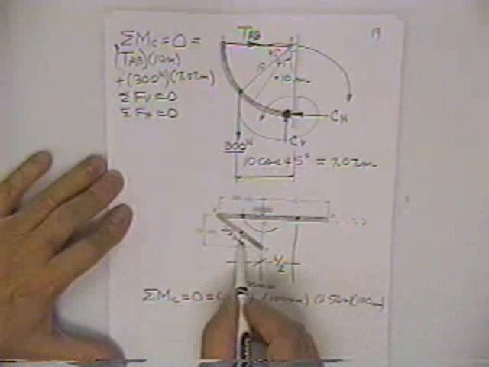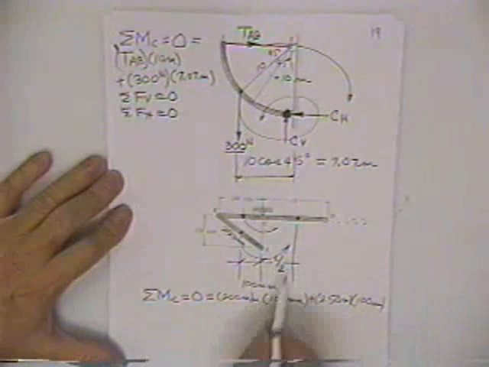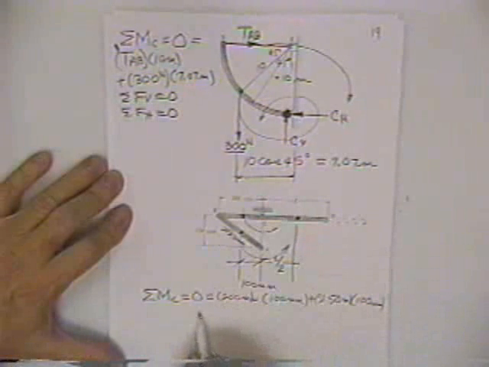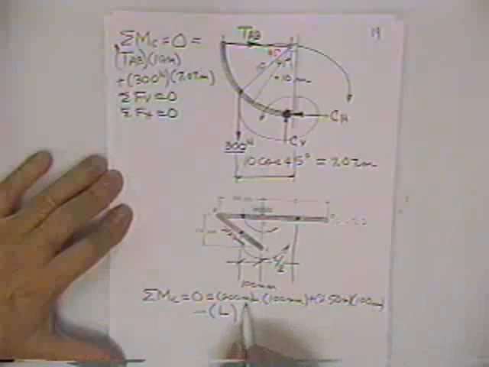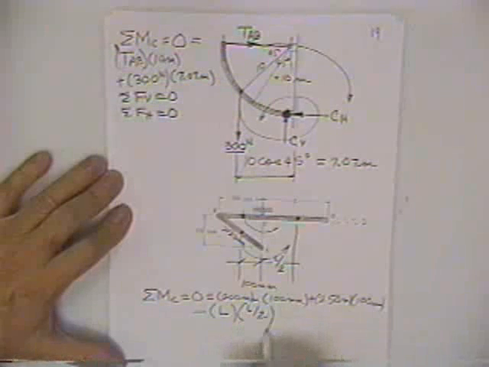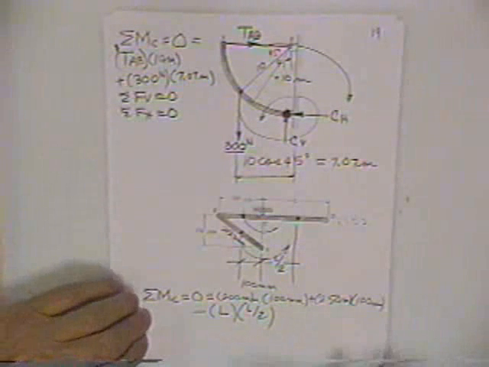And were he to get away from it, he also would pull the bar that way. That's a plus tendency. This one balances it in the minus direction. Minus L multiplied times his moment arm is L over 2. And you solve for how long the bar needs to be to make the whole thing hang horizontally as shown at C.